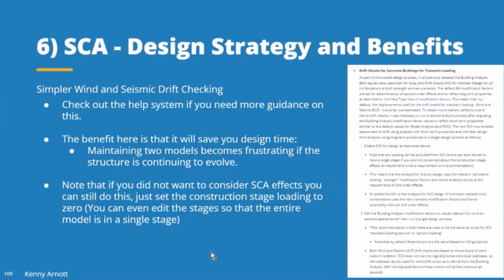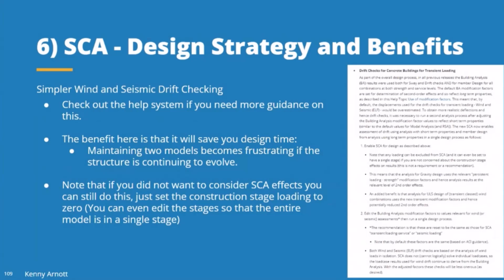Another note here is that many people have raised this with us: if your only concern is getting drift checks done for service load stiffness adjustment factors that are more appropriate for transient loading, then you can still use the stage construction analysis, but in effect switch it off by setting the load in the construction stages to 0.